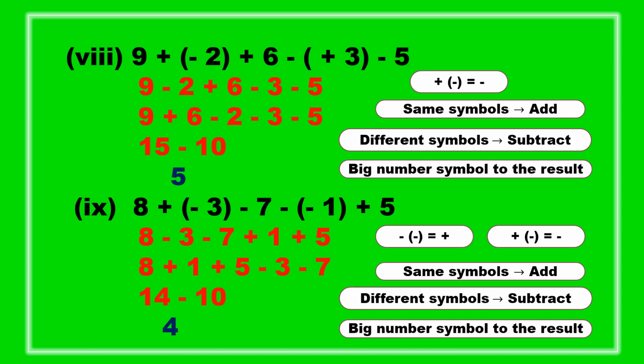Then solve this step if there are two different symbols. If there are same symbols, suppose I have all of them in plus only, 15 plus 10, then you can directly finish the step here only. Suppose I have all plus, okay, I will explain this in the next slide.